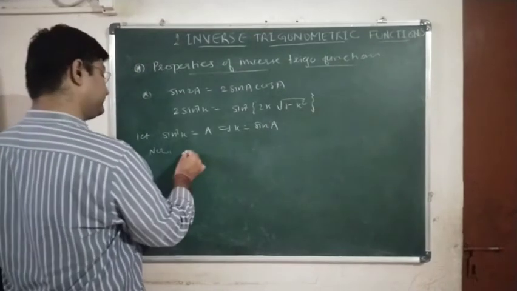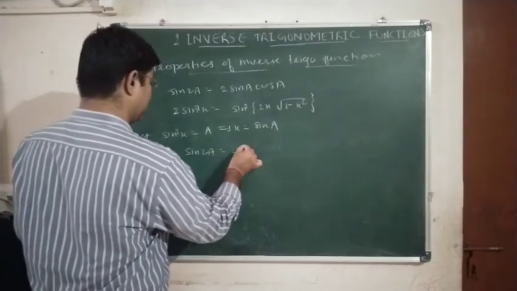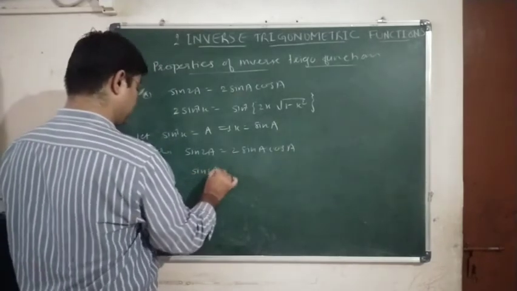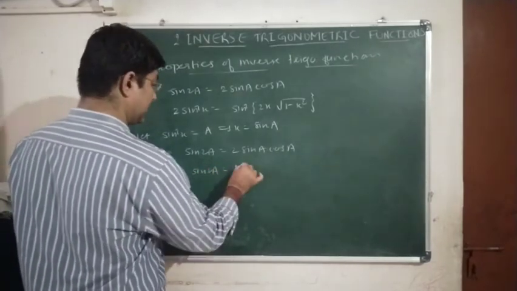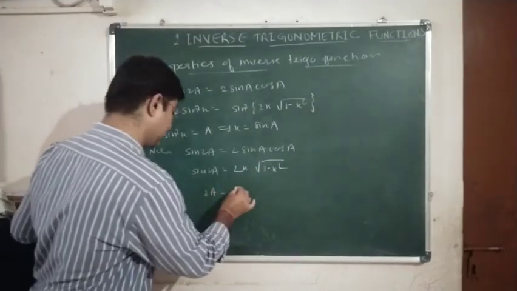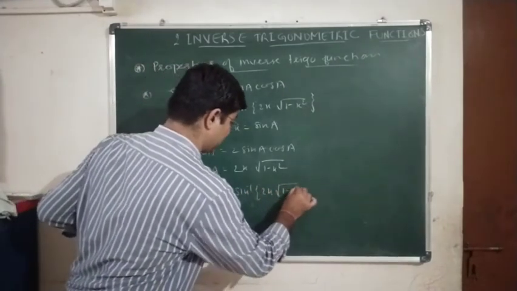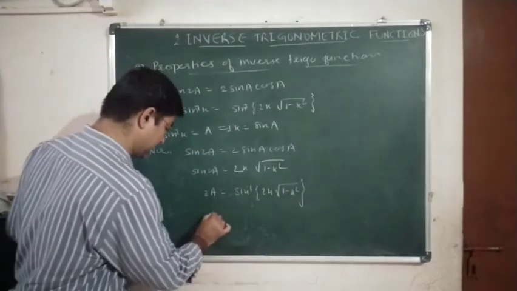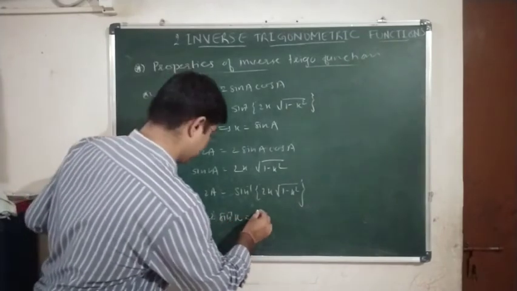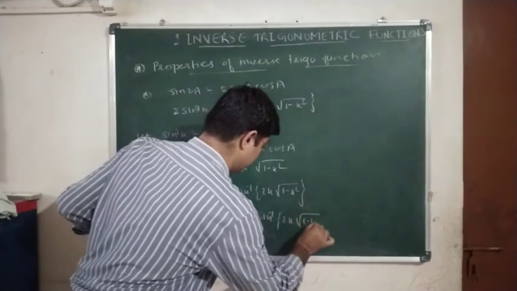Now sin 2a is equal to 2 sin a cos a, therefore sin 2a is equal to 2, sin a is x and cos a is square root of 1 minus x square, therefore 2a is equal to sin inverse of 2x into square root of 1 minus x square, therefore 2 sin inverse x is equal to sin inverse 2x into square root of 1 minus x square.